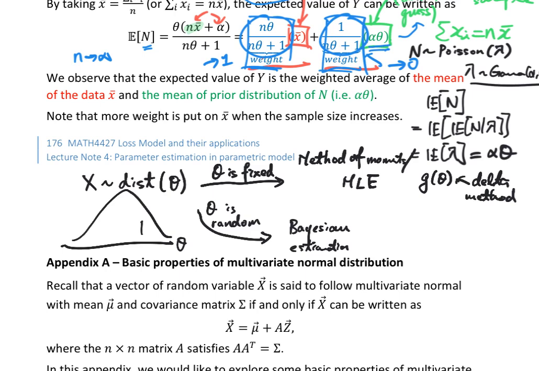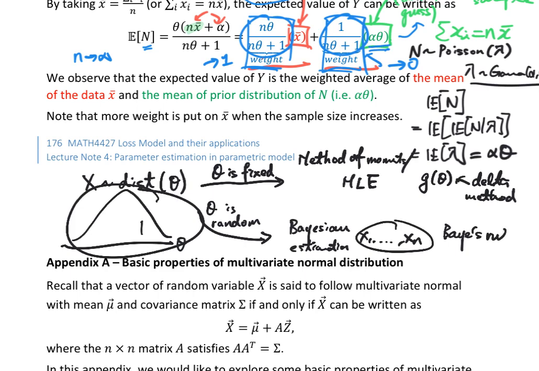Then, given the sample data, we update this conjecture on the distribution using the Bayes rule, executing your information updating. Of course, given this new distribution, you then make your future prediction.